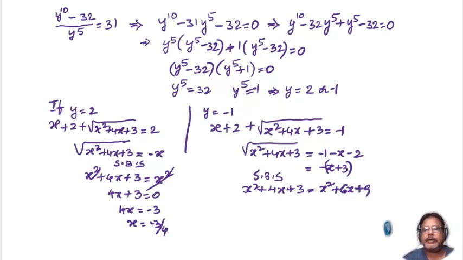So here x square get cancelled. So 2x is equal to 6. X is equal to 3.